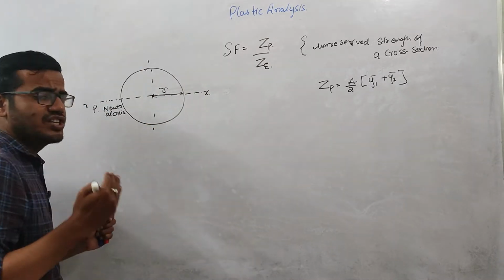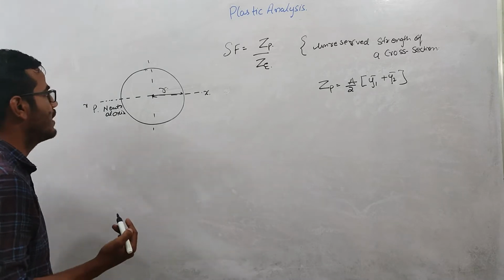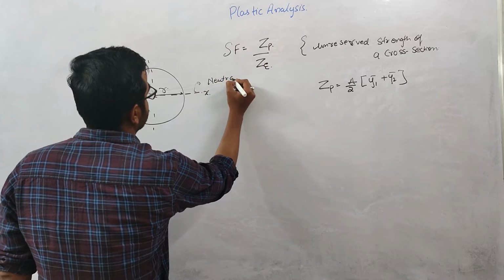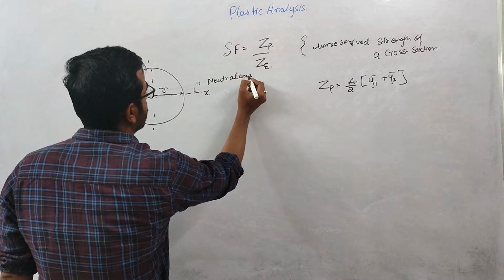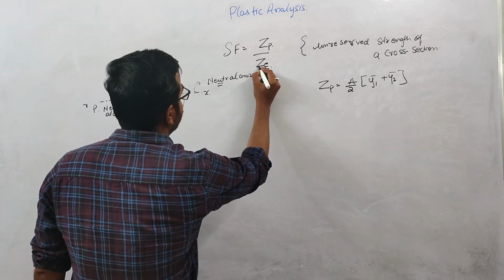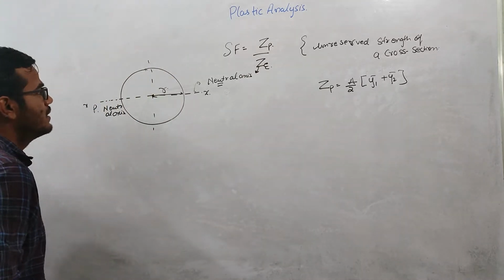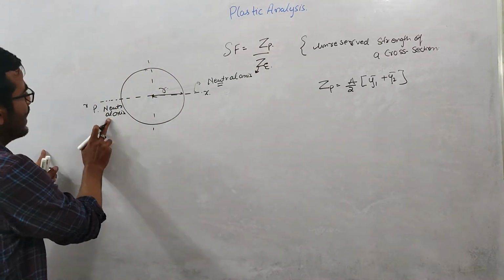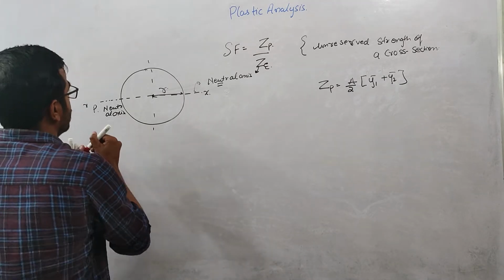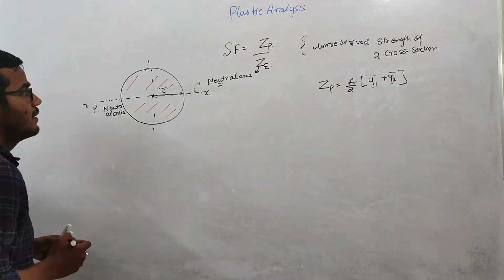So the neutral axis will coincide with the plastic neutral axis. We will use this axis when calculating the plastic section modulus or elastic section modulus. This plastic neutral axis divides the area into two equal parts, one this area and one this area.